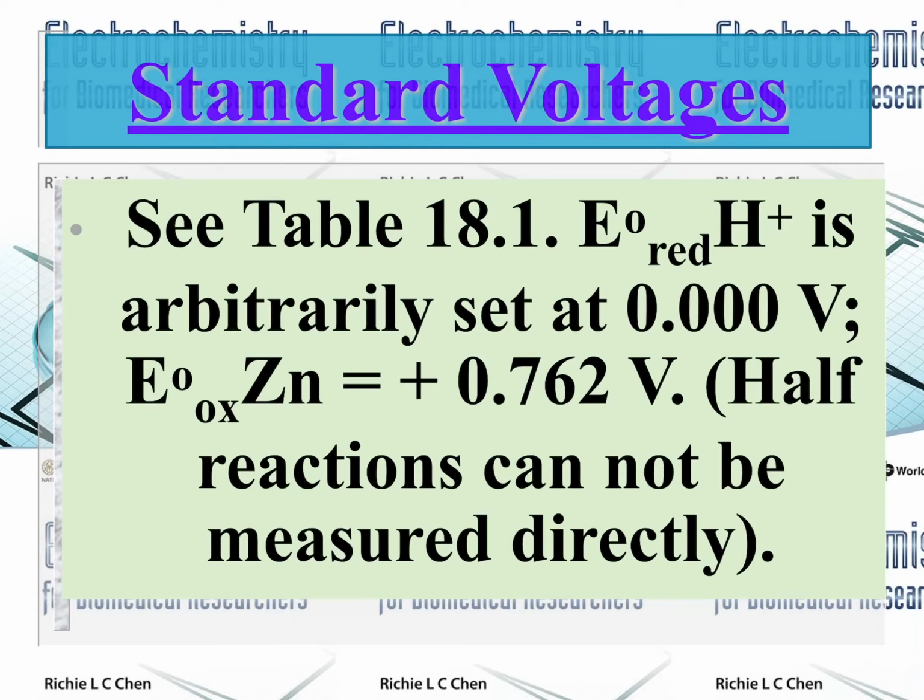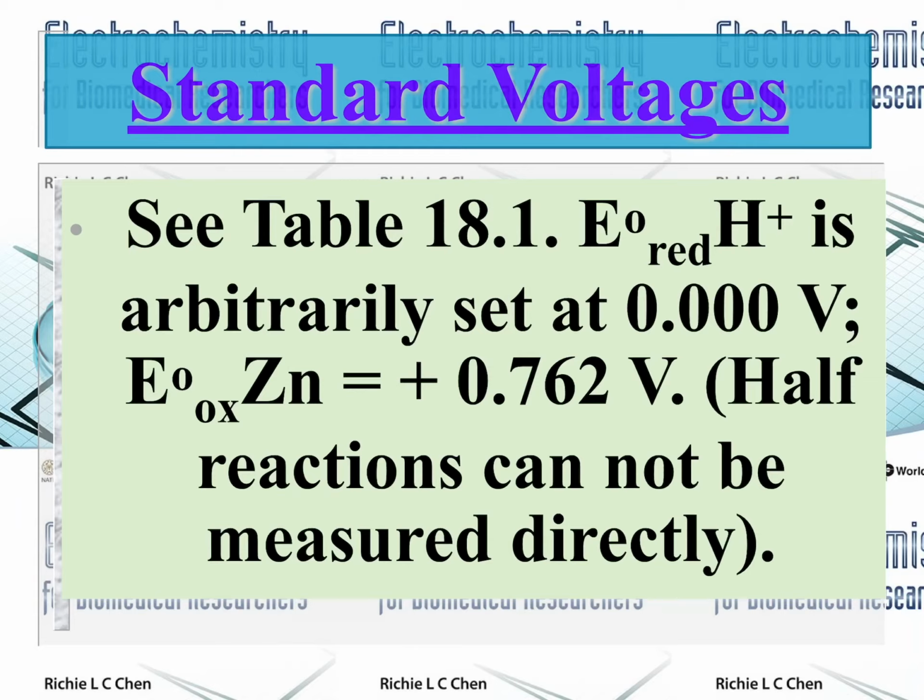Okay, so from that table, when you're looking at driving forces, you can't take half a reaction and separate it. What they do is they look at the results of a reaction and compare everything to a standard. So they chose the H plus reduction, acid to hydrogen gas.